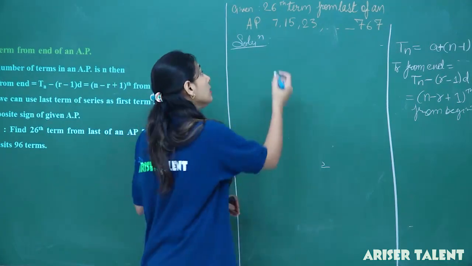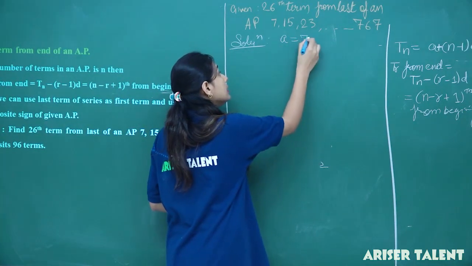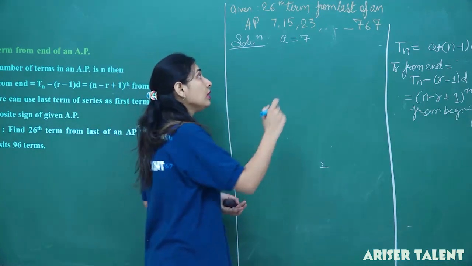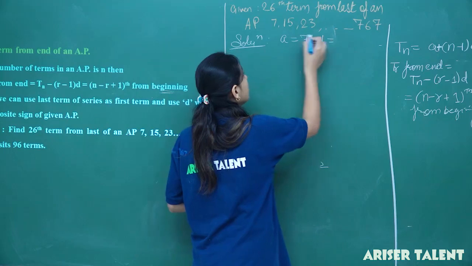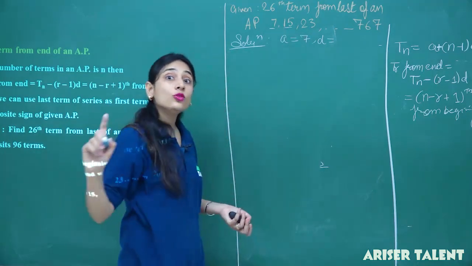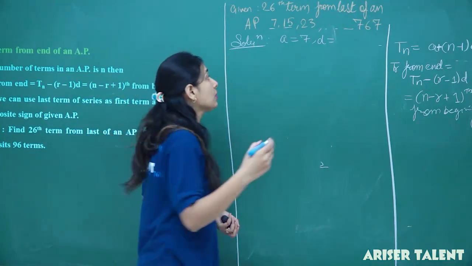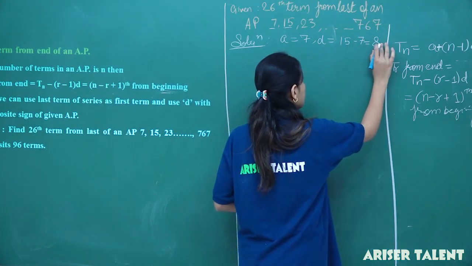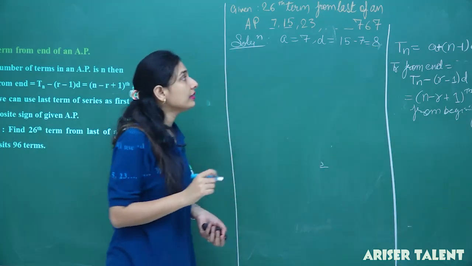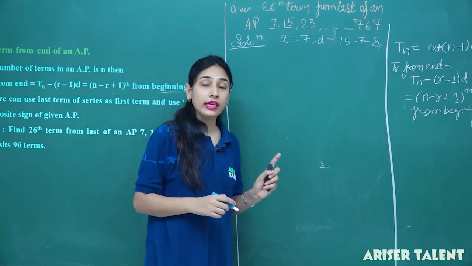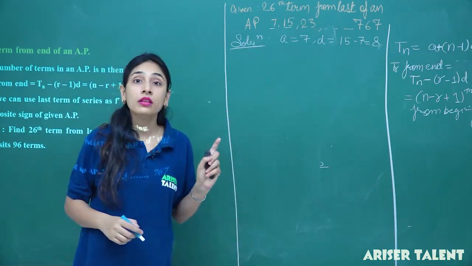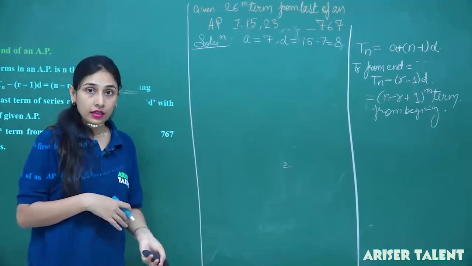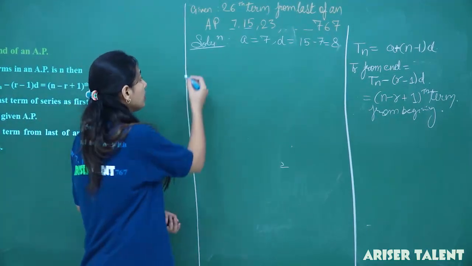A is what here? 7. Now, how will you find the difference d? You will find d by subtracting any two terms. I am taking 15 and 7, I will have 8. Now we have d equals 8 and a equals 7. Now, I am applying the reverse method, the last method we have talked about.